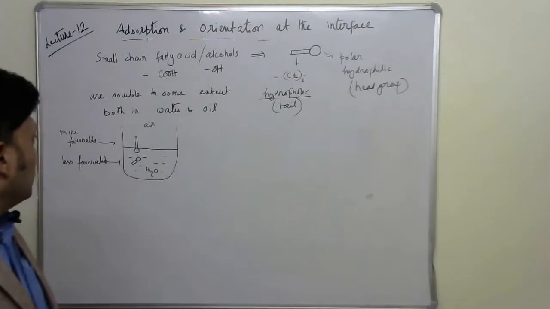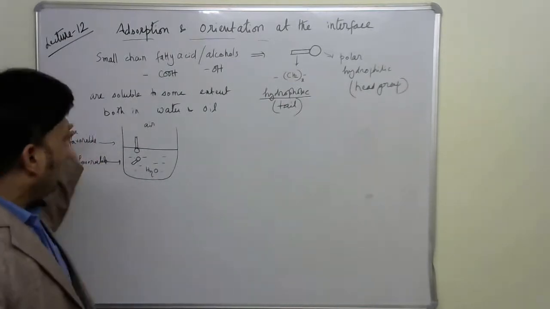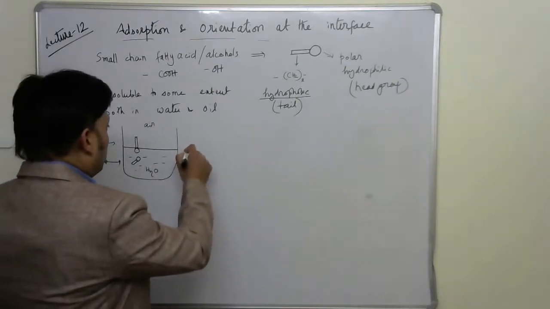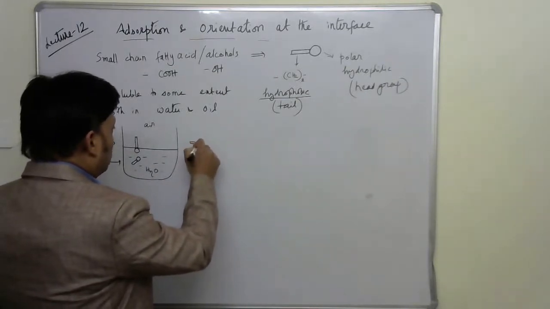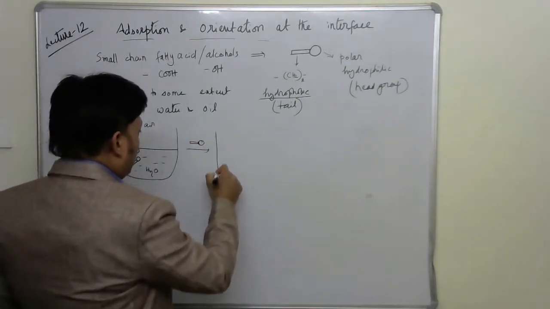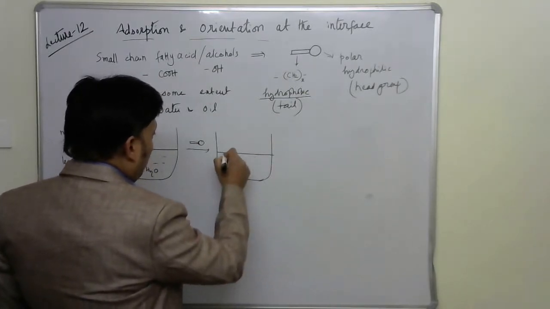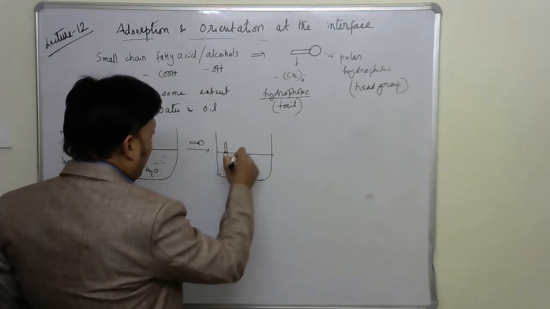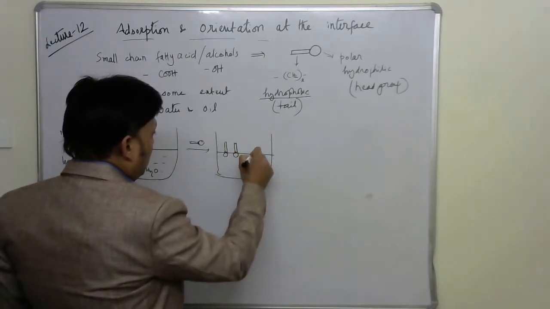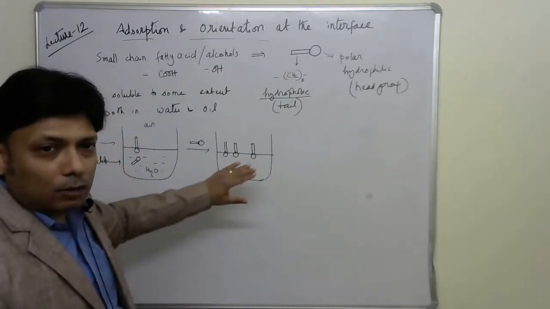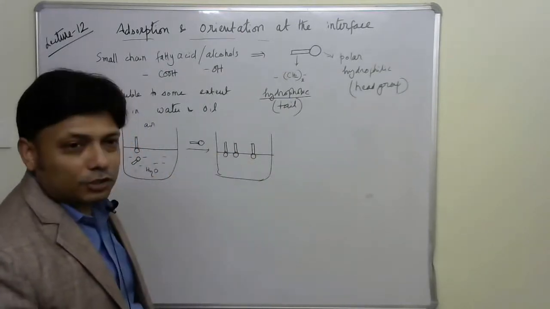Okay, so if I keep adding more and more of these molecules, we can draw a situation like that. Graphically we can represent that with more and more molecules; they will slowly be accumulating at the surface.